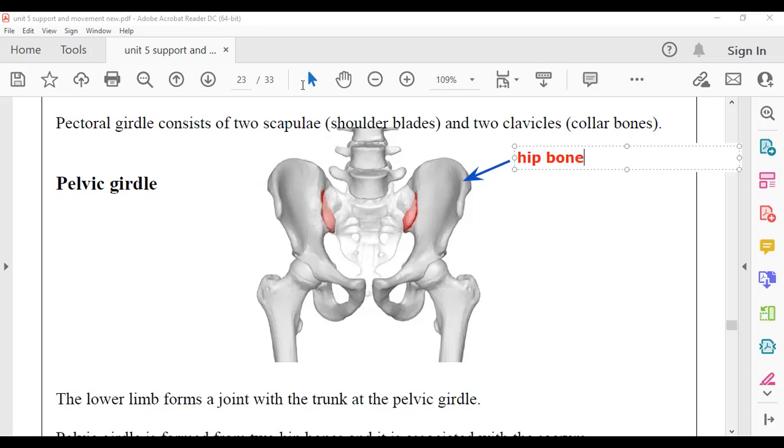If you get to know there are hip bones, it is okay. And in making the pelvic girdle, sacrum plays a significant role. Clear? Clear, sir. Have you marked it? Yes, sir. Good, good, good.